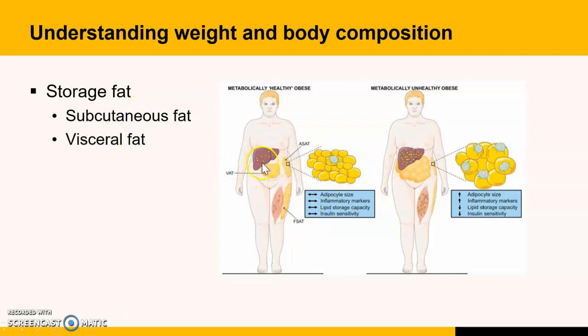The visceral fat is much lower compared to this other kind of person, where we can see that their visceral fat is very high, the adipocyte size is high, there will be inflammatory markers, and it will decrease the lipid storage capacity, and also decrease the insulin sensitivity.